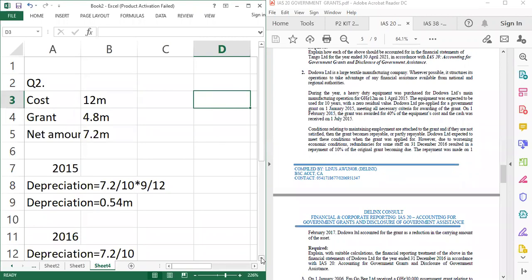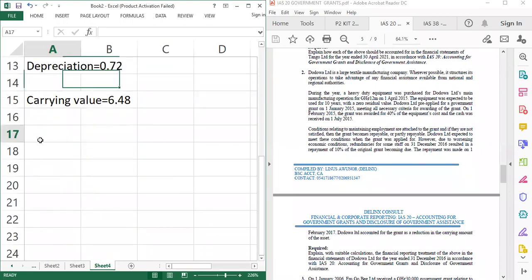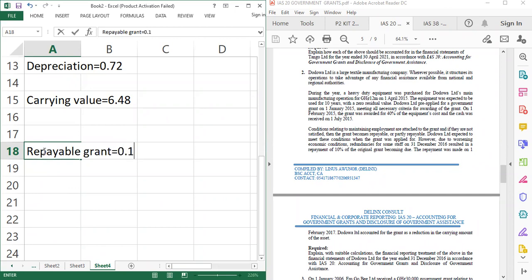Okay, so let's look at the grants that will become repayable. Repayable grants is 0.1 times 4.8, and that will give us 0.48. Am I correct? Yes. Okay.